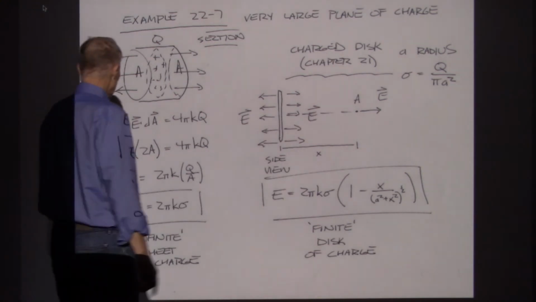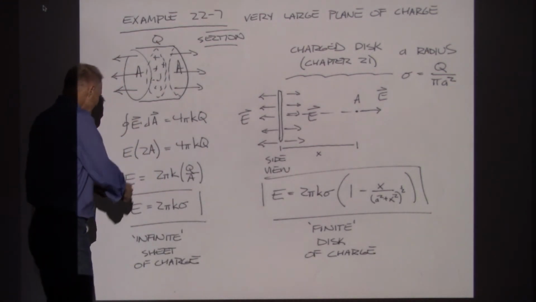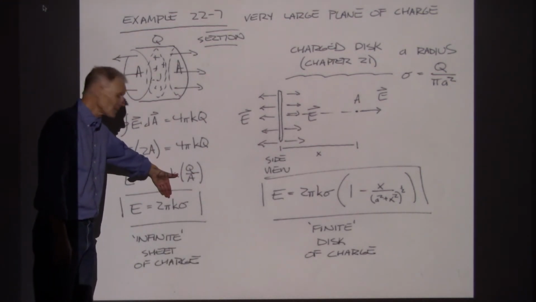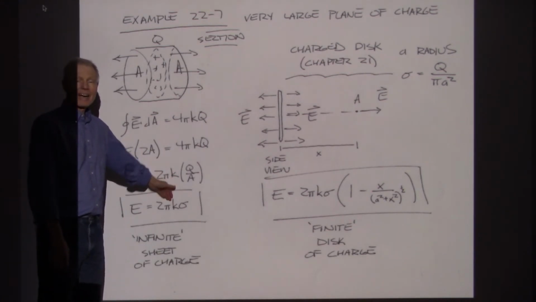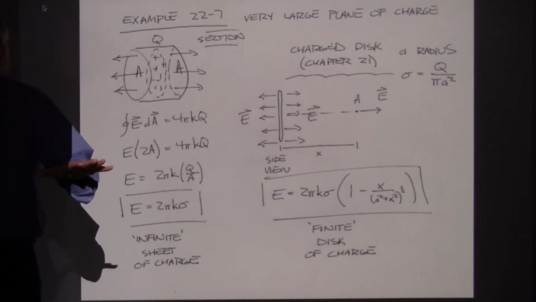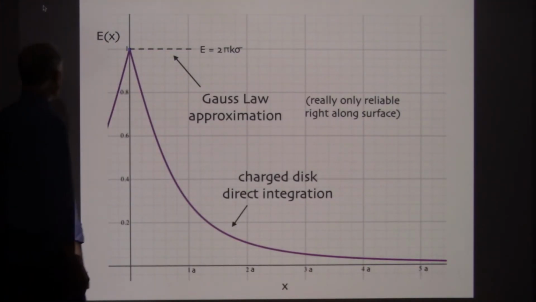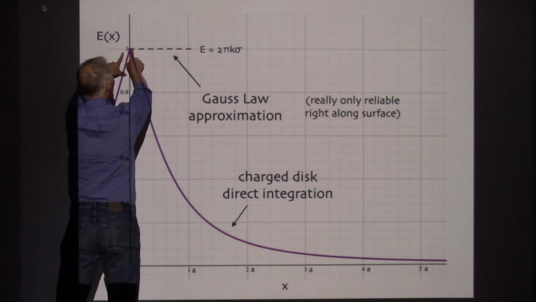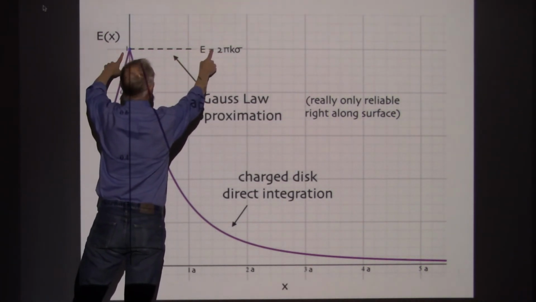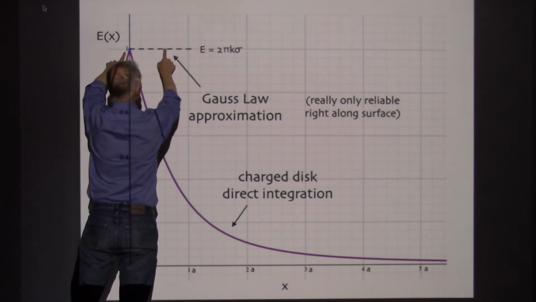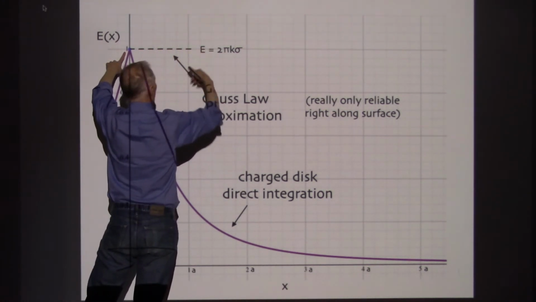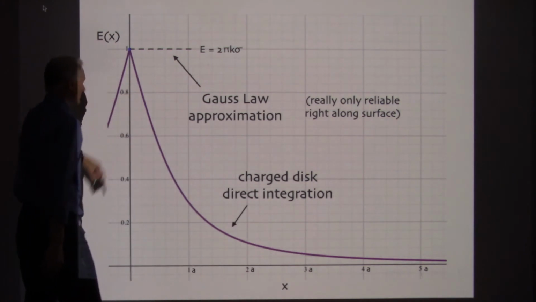The Gauss's law approximation says that the E field is a constant outside of this disk of charge, but we know it's not. In fact, we know it drops off very rapidly. So as an approximation, I can treat this as being constant. Well, how far is that approximation good?